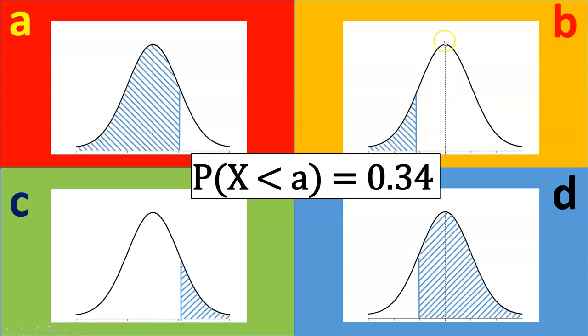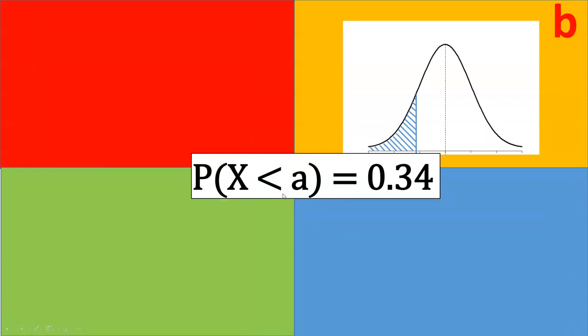So if that's 1 and we know that it's symmetric about 0 here, then we know that this is a half. So the probability that x is less than a equals 0.34, B represents that.